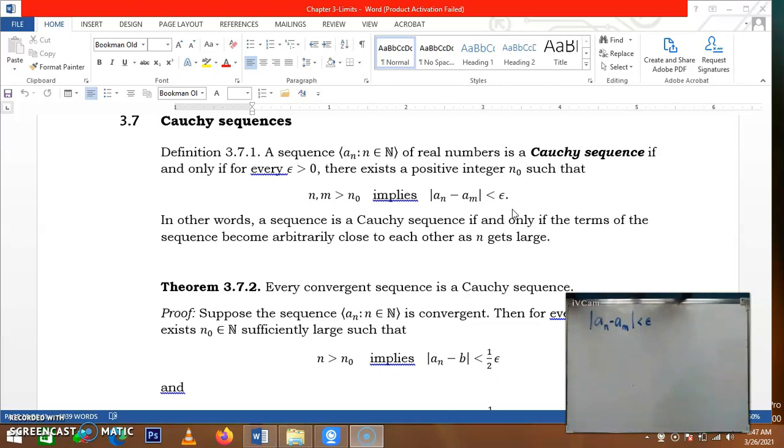Note here that the concept is almost the same as the limit of a function. But here, we have two positive integers, n and m, greater than some positive integer n sub 0, wherein we have this condition.